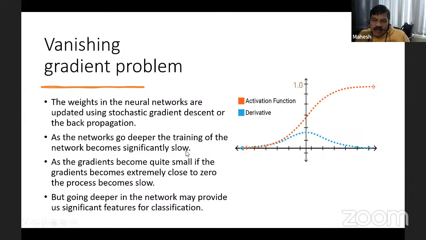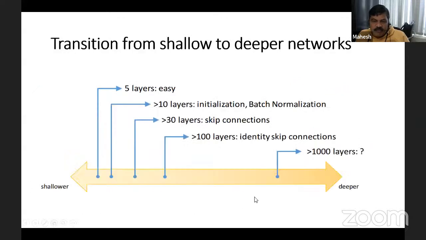And secondly, as you know, in artificial neural networks, we use a backpropagation technique to update the weights, and it is based on the gradient. If the number of layers is more, then this gradient starts reducing, and at some point it becomes close to 0, and then we cannot have information and cannot update the weights. Okay, so that is one problem.